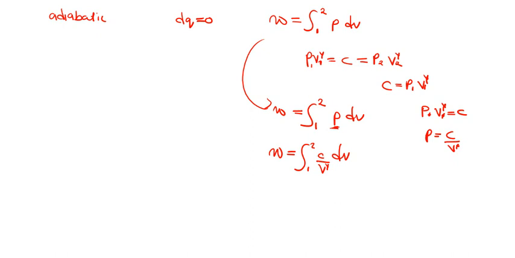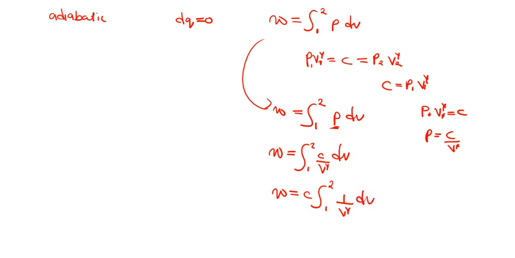So from there, work is equal to the integral. Before that, since c is constant, I can take it out, and we'll just remain with the integral from 1 to 2 of 1 over v to the gamma dv.